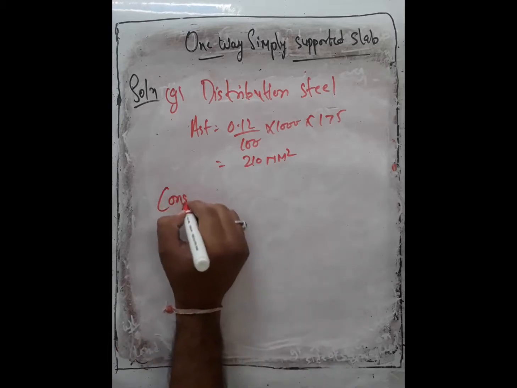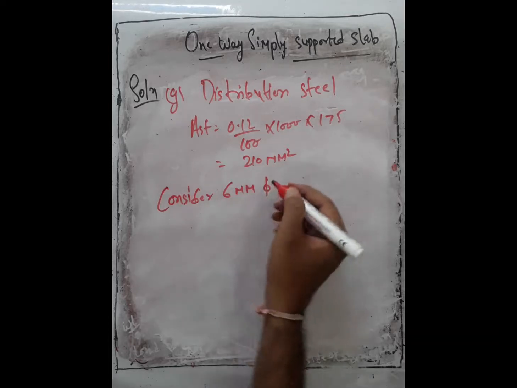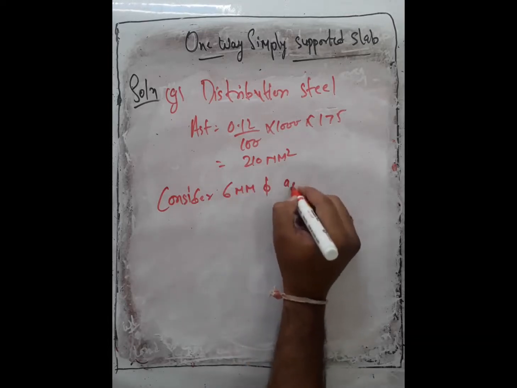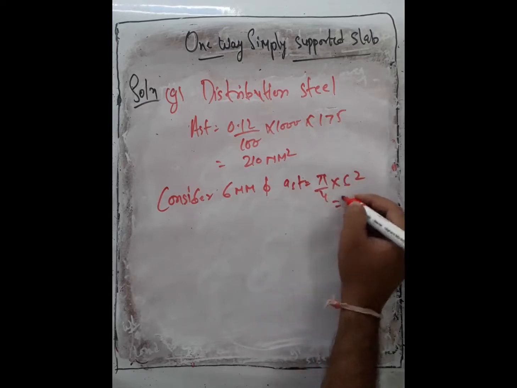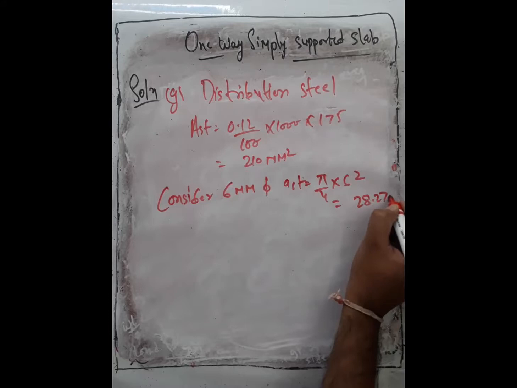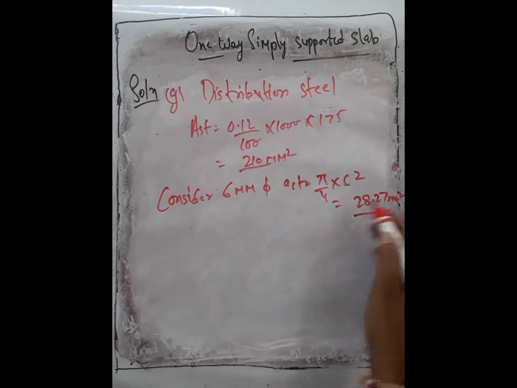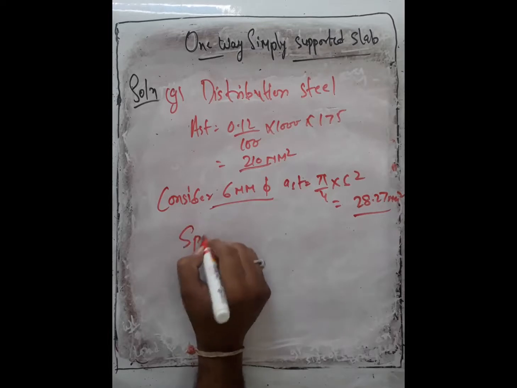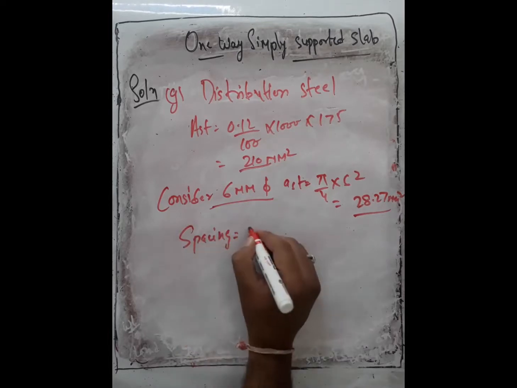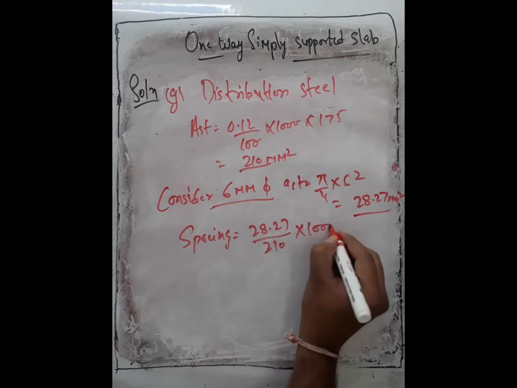So what we do here, we consider or assume 6 mm dia bars. Okay, so small AST is equal to pi by 4 into 6 square is equal to 28.27 mm square. Means this is the area of one bar, and we have considered 6 mm dia bars. So spacing is equal to 28.27 divided by 210 into 1000.